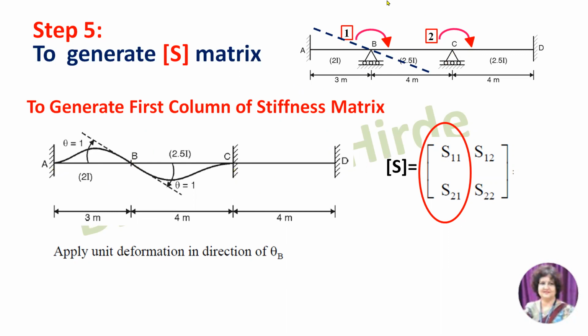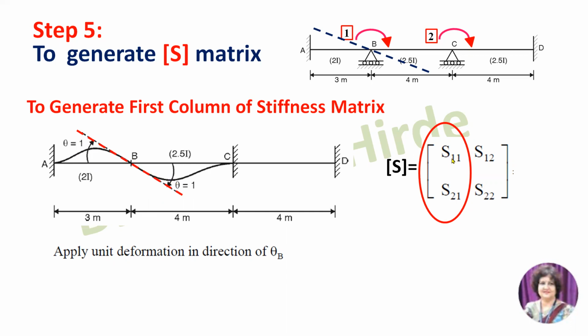And then we rotate this beam in the direction of the first coordinate, that means in the direction of theta B. So if you rotate this in the direction of theta B, then it will be like this. And you know what the stiffness coefficient is? The moment developed at 1 due to unit rotation at 1 is called S11. The first letter indicates where the moment is developed and the second letter indicates where the unit rotation is given.